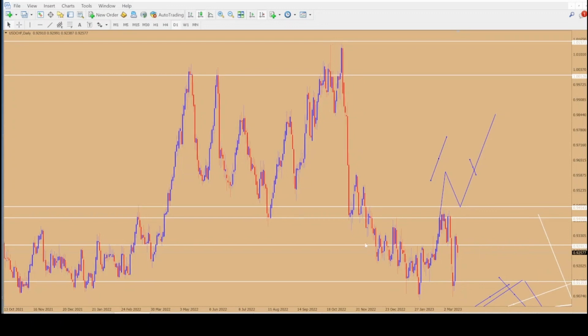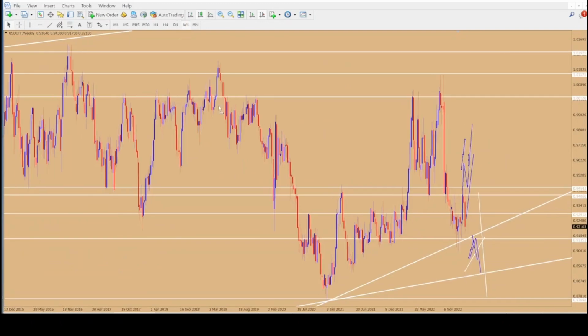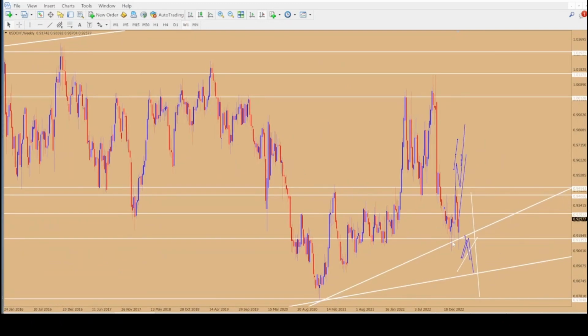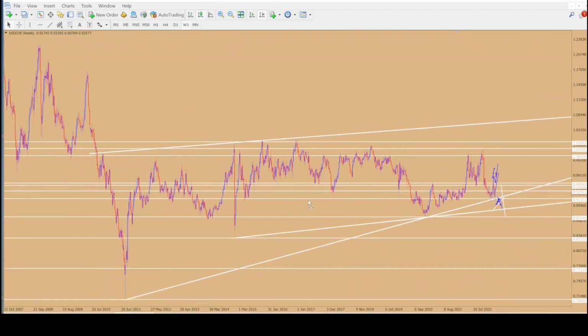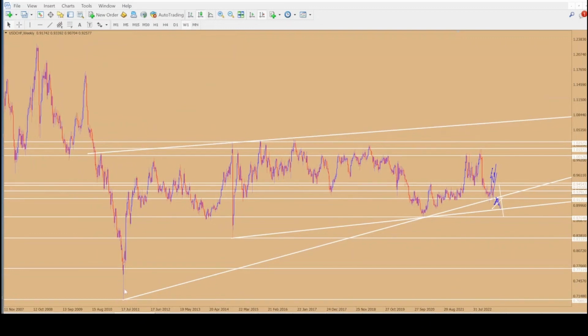What I would expect from USDCHF is a continuation upwards, a bullish continuation. You might ask why. I consider it quite straightforward that the market has come into this area. If we zoom out a little, we see where this trend is coming from.